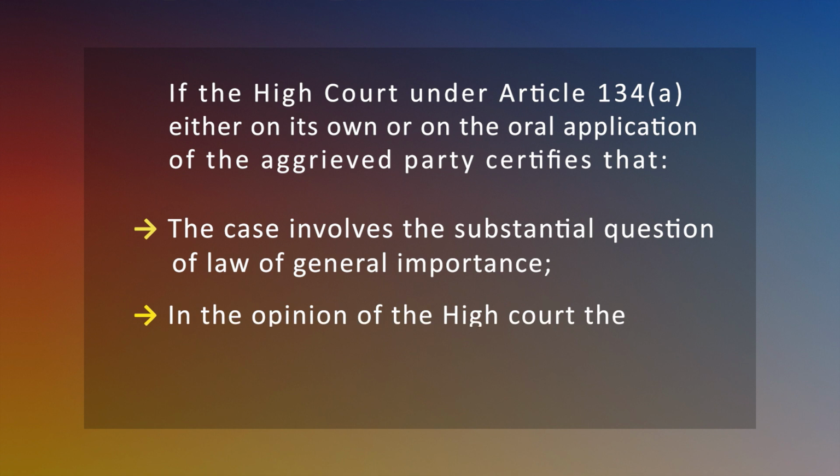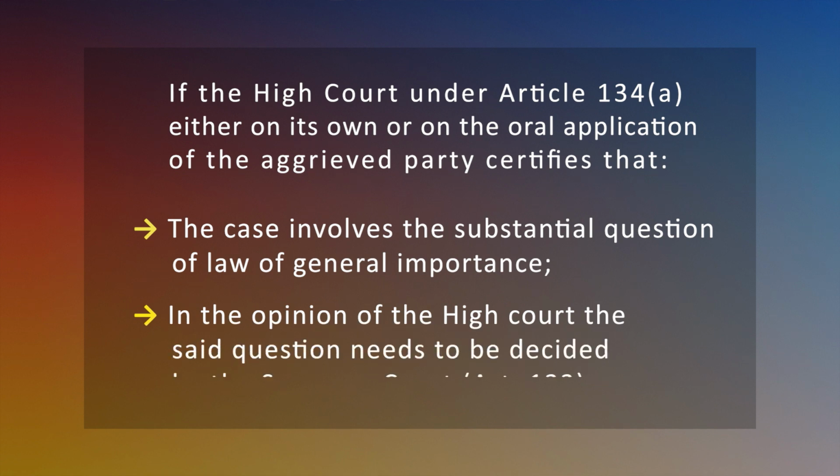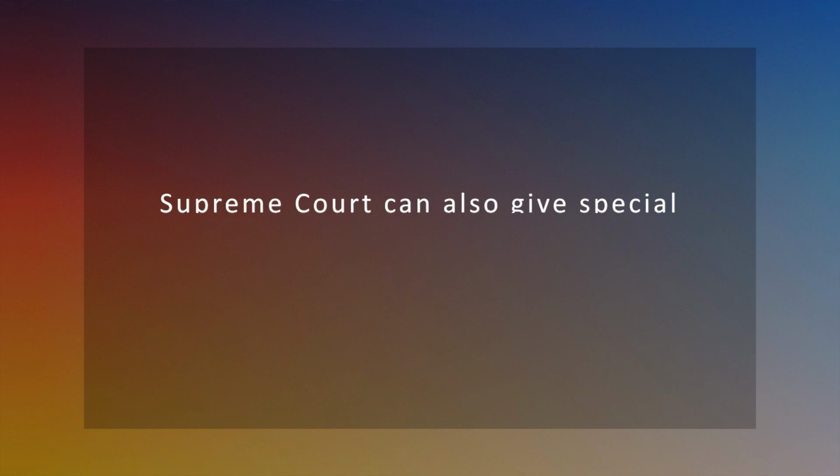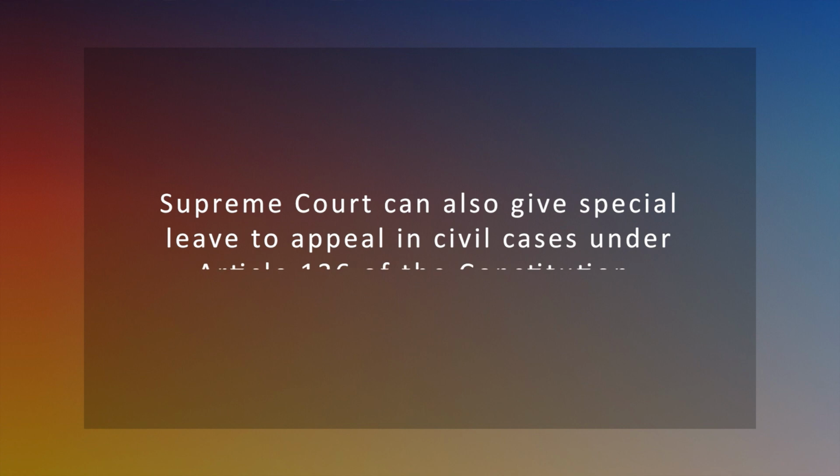In the opinion of the High Court, the said question needs to be decided by the Supreme Court as per Article 133 of the Indian Constitution. In case the High Court does not give such a certificate, then the Supreme Court can also give special leave to appeal in civil cases under Article 136 of the Constitution.